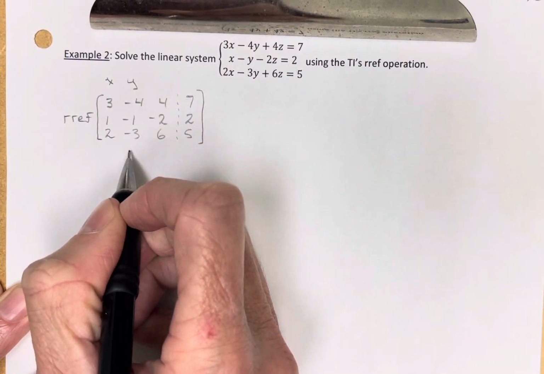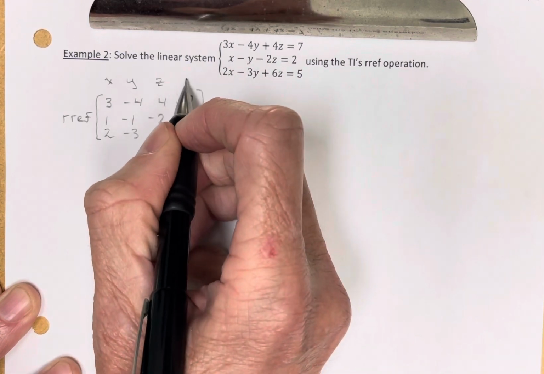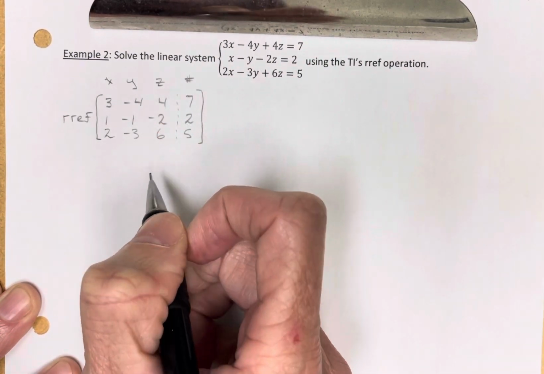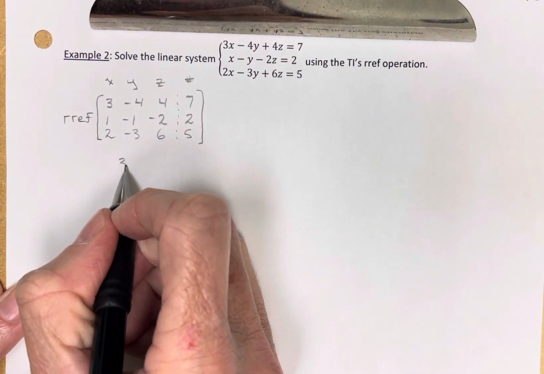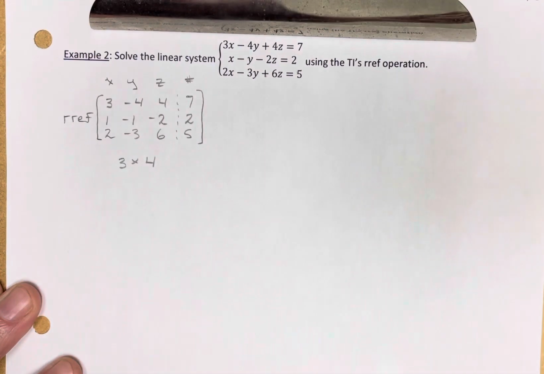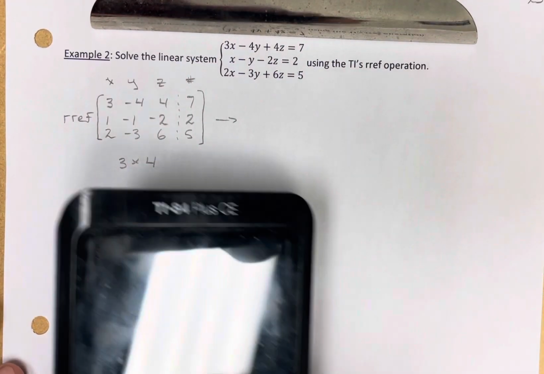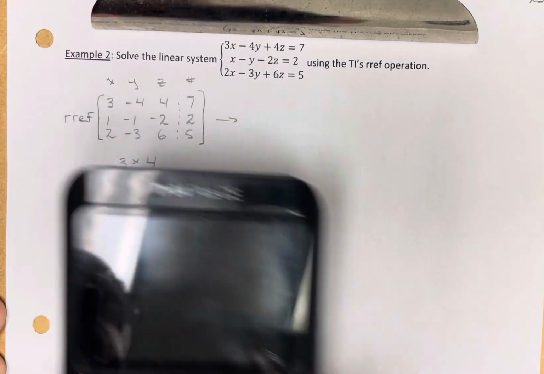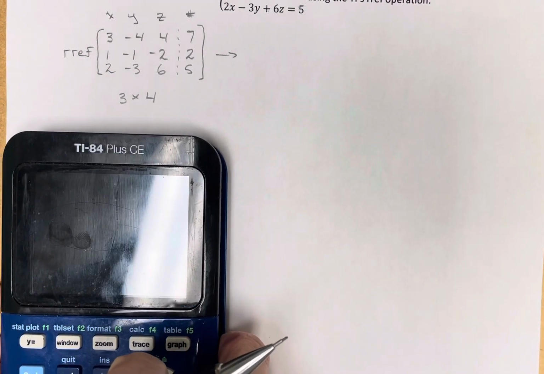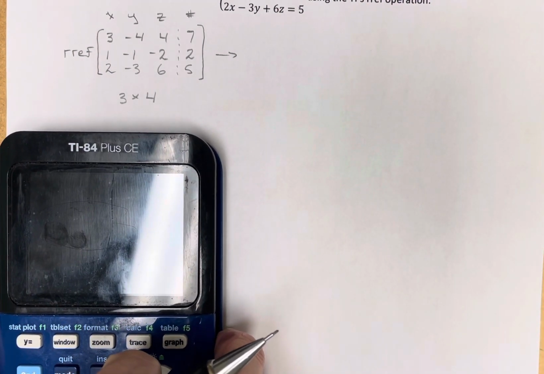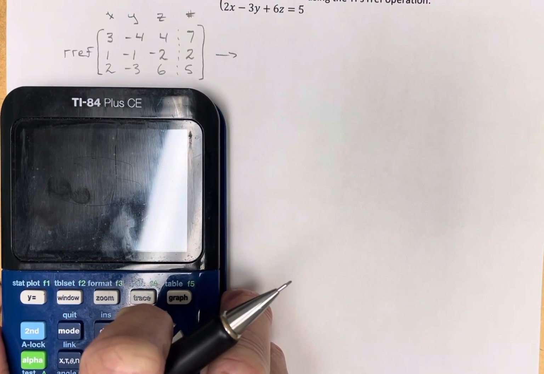These are the Y coefficients in column 2. These are the Z coefficients in column 3. And those are the constants in column 4 on the right side of the equal sign. And let's again recognize this is a 3 by 4 matrix. Okay, so let's use my shortcut. Maybe I can slide this up a little bit better so you can see it. I still got my overhead lights kind of messing things up a little bit. Sorry about that. If I turn them off, we can't see anything.